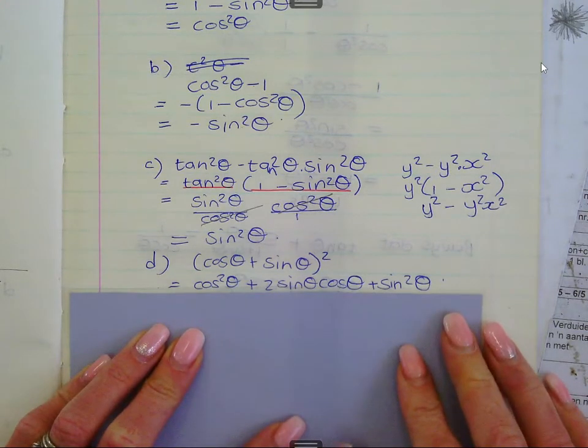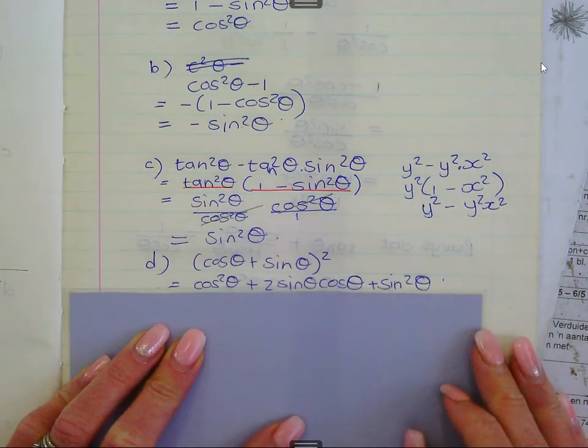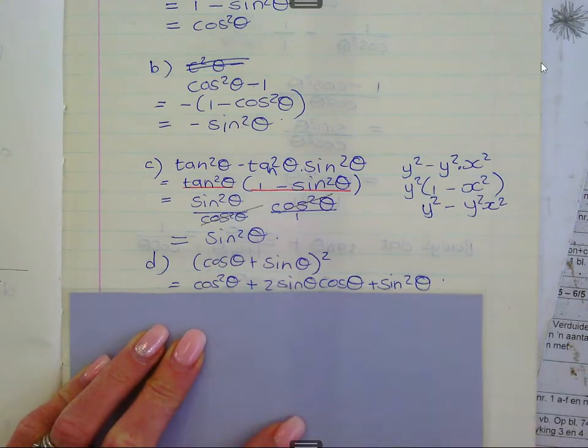Do you see something? Anything? Algebraically, we can't do anything. It's like x squared plus 2xy plus y squared. If we're not finding anything algebraic, we know we need to look for something trigonometric.